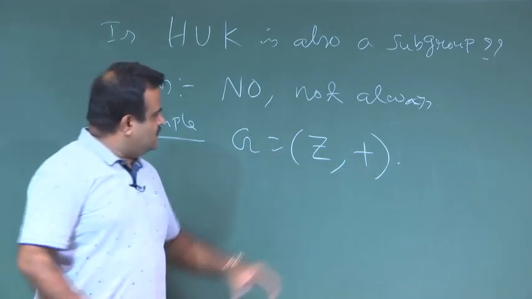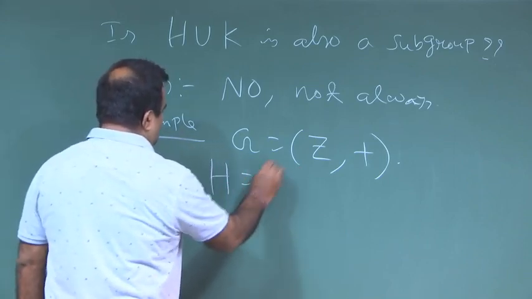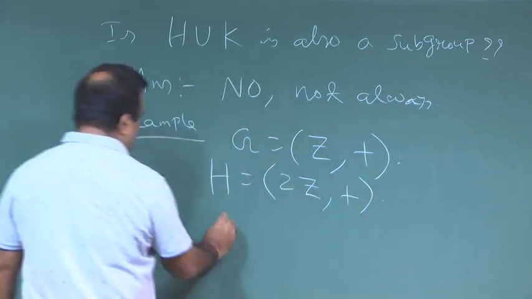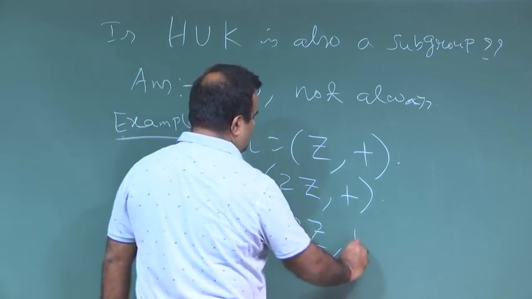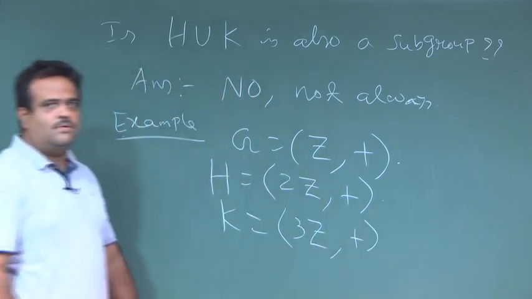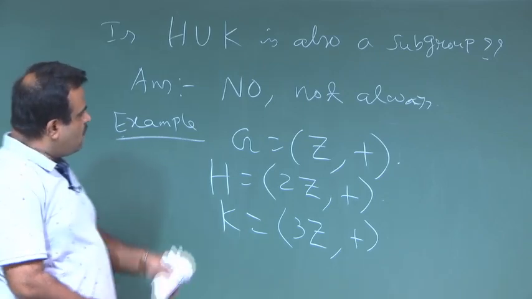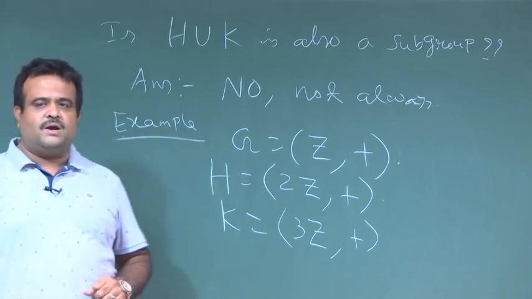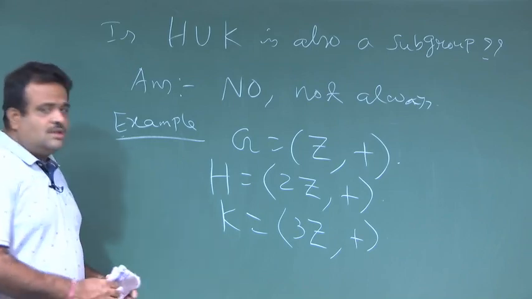Now, if we consider two subgroups, 2Z under plus and 3Z under plus, these two are subgroups of G. Now, the union is basically all the elements which are either a multiple of 2 or a multiple of 3. Now, the union is not a subgroup.